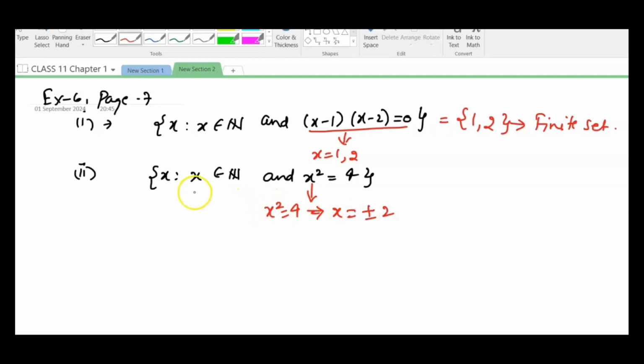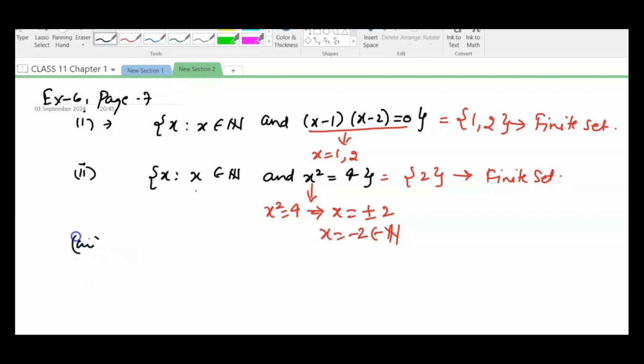But there is one more condition, that x should be a natural number. So, since x is equal to minus 2 does not belong to N, only x is equal to 2 will be in the set. So again, this set contains only a single element and therefore this is a finite set.